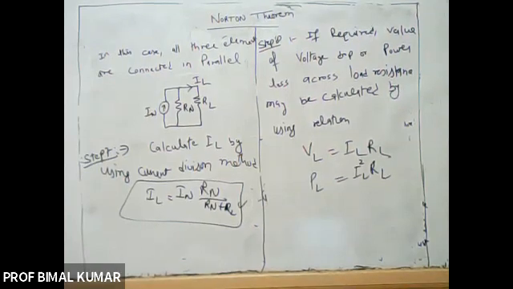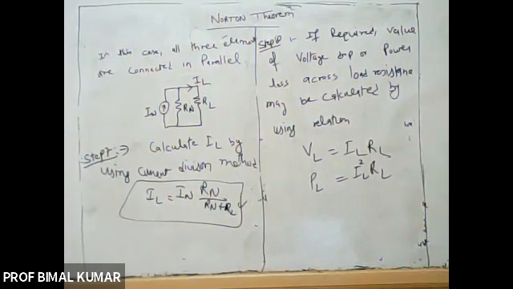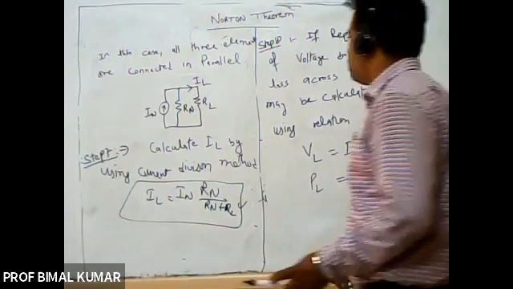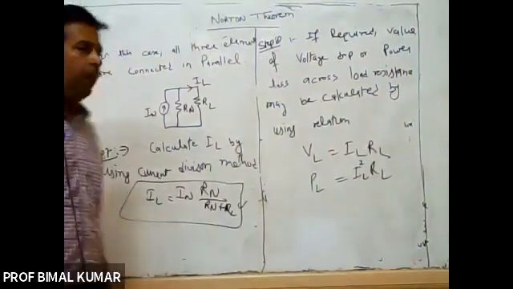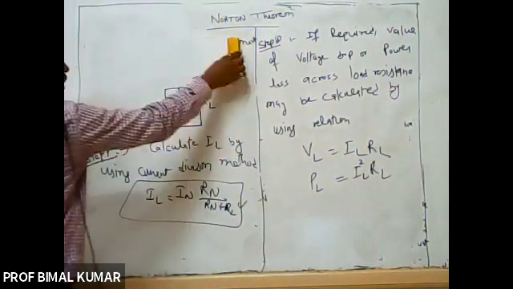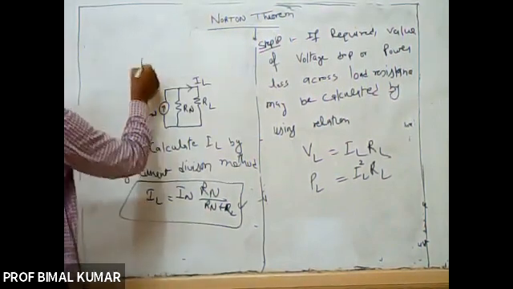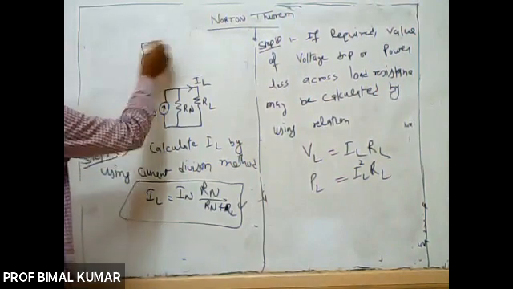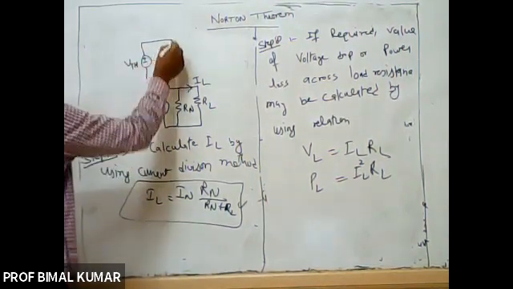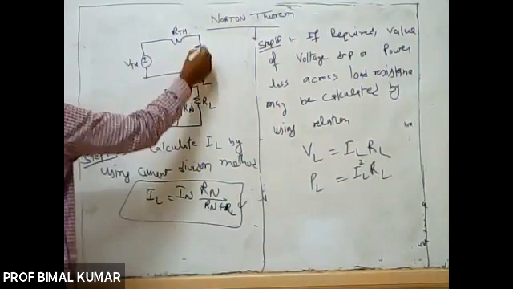Now, one thing that must be critically noted: if you see the equivalent circuits of Norton and Thevenin, this is your Norton equivalent circuit, right? And the Thevenin equivalent circuit will be this: this is your VTH, here it will be RTH, and here it will be RL.